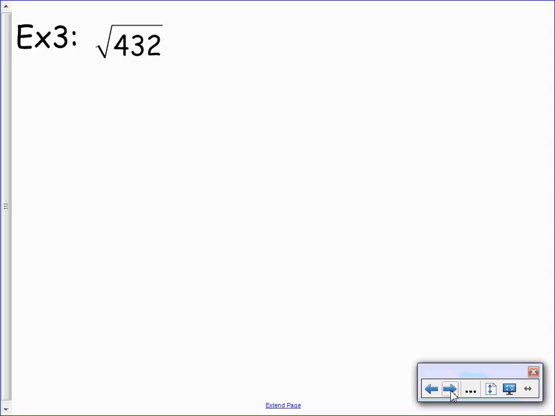It's an even number, so divide by 2. 432 divided by 2 is 216. 216 divided by 2 is 108. Divided by 2 is 54.